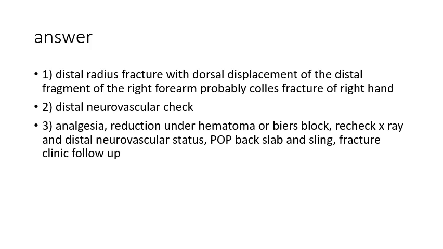But if you do not have a neurovascular compromise, you give analgesia, reduction under hematoma or Bier's block, write any one, recheck X-ray and distal neurovascular status. Okay, put a Colles cast and fracture clinic follow-up. You can also write cast advice. You can give cast advice as well.